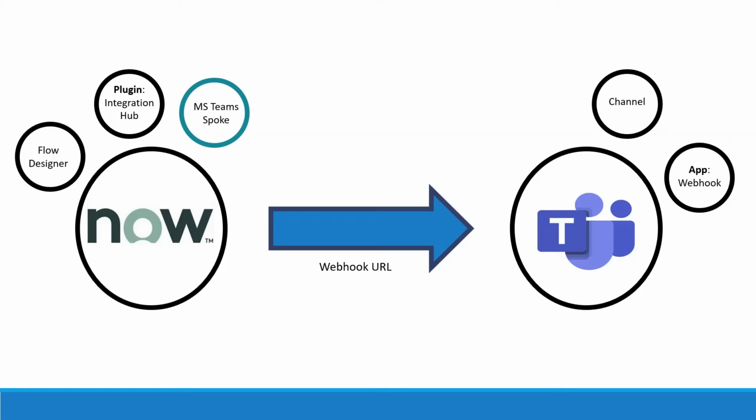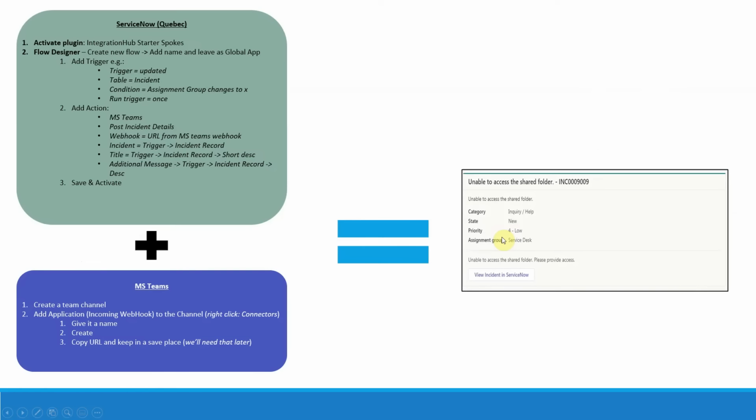We're going to use a webhook URL, which is given to us by Teams when we set up our configuration in Teams. And on the Teams side, we're going to need to create a channel, and we need to add an application called Incoming Webhook. And just to give you a high level view, these are the steps that we're going to go through. Activate our plugin, create a flow in Flow Designer, and it's going to be a really simple flow.